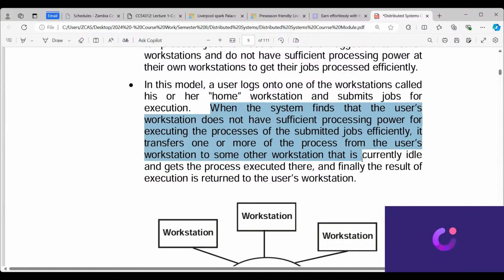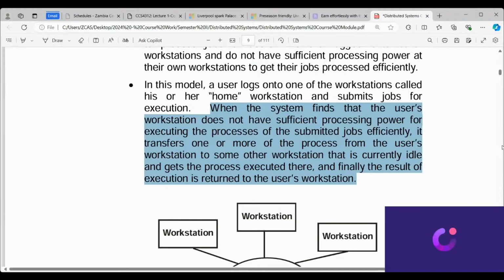Okay, and finally the result of the execution is returned to the user workstation. So you have this onto your machine, which is connected to a local network, and submit your work.